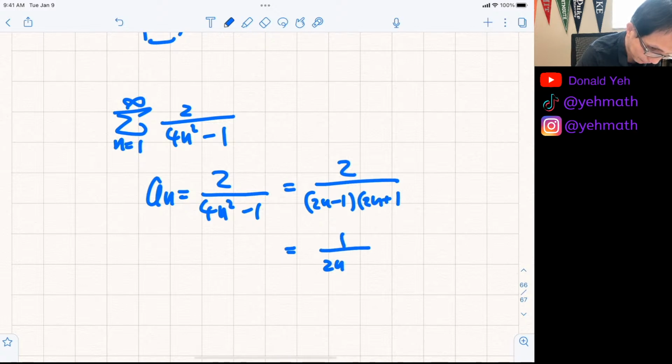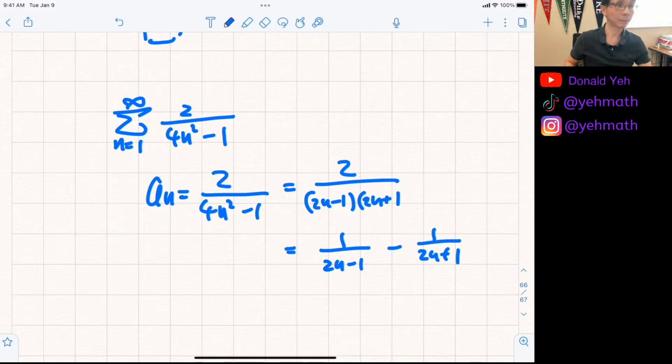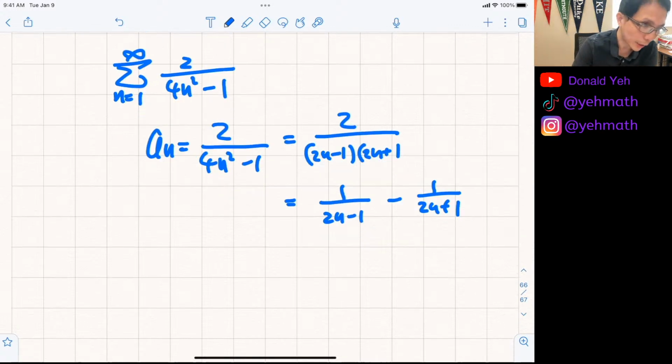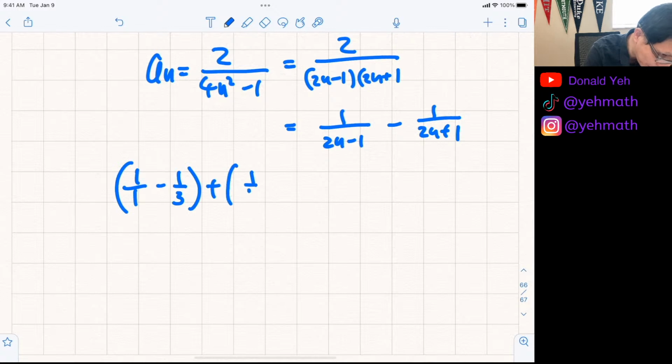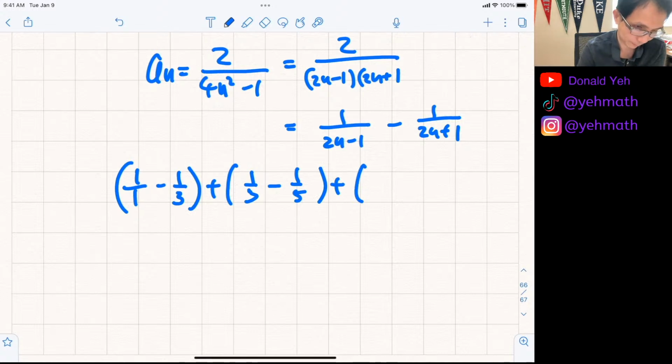A over 2n minus 1, B over 2n plus 1. So if you plug in, it's going to be 1 over 1 minus 1 over 3, and then plus 1 over 3 minus 1 over 5, and then plus 1 over 5 minus 1 over 7.